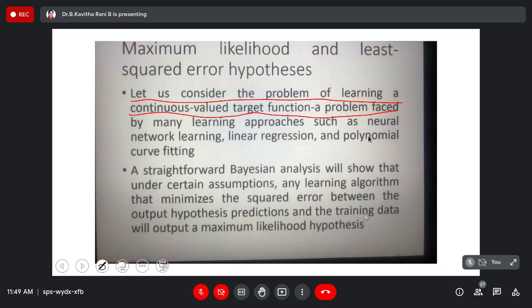If the prediction error can be reduced, then it is finding the maximum likelihood hypothesis. So we have to find the prediction which reduces the squared error.